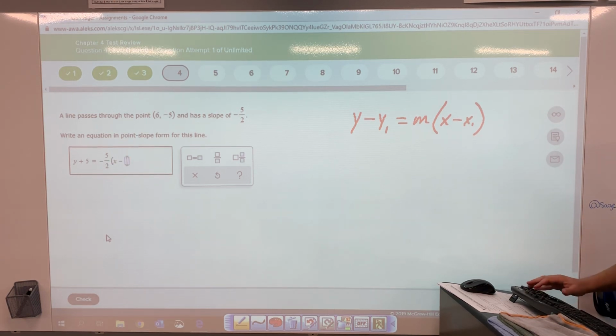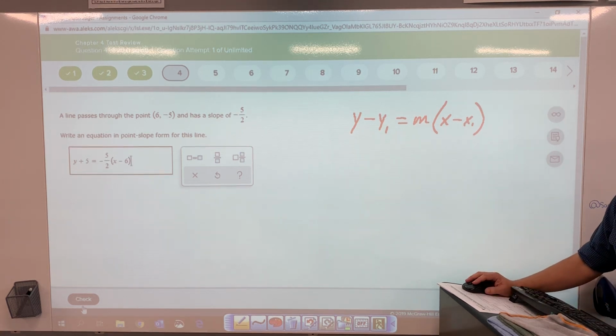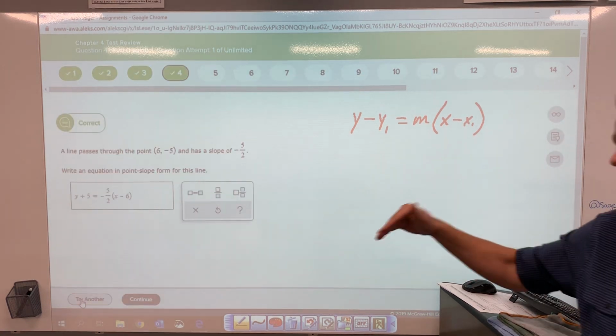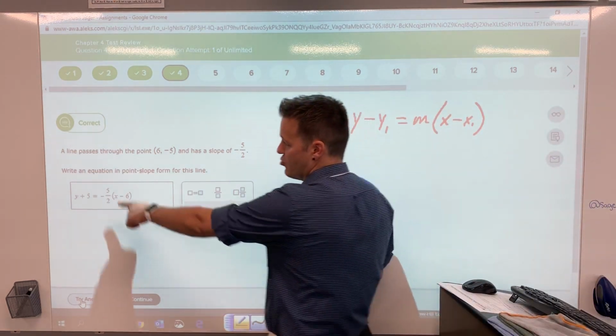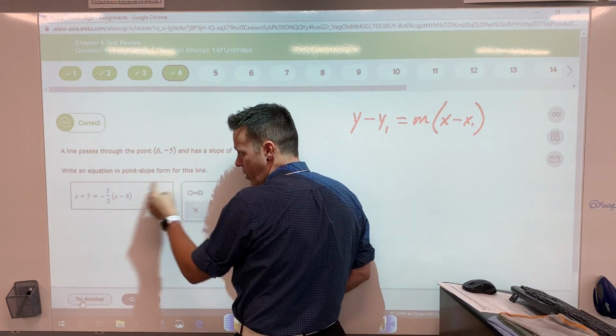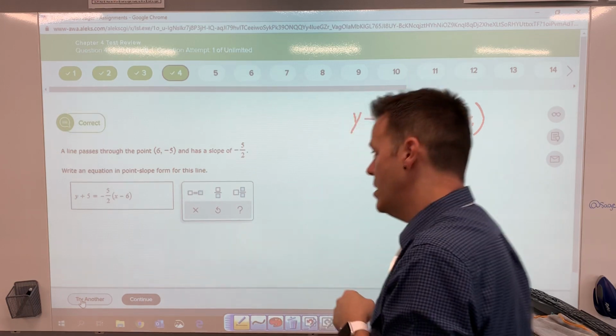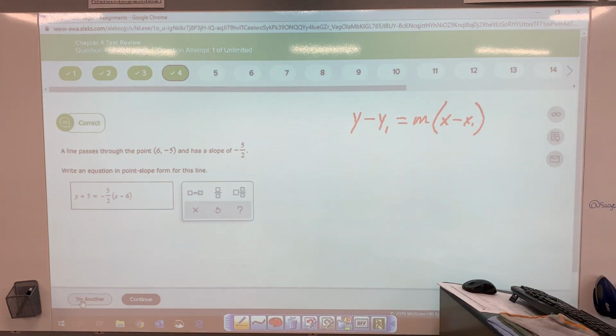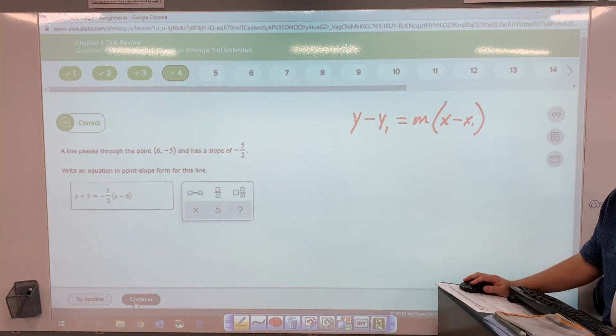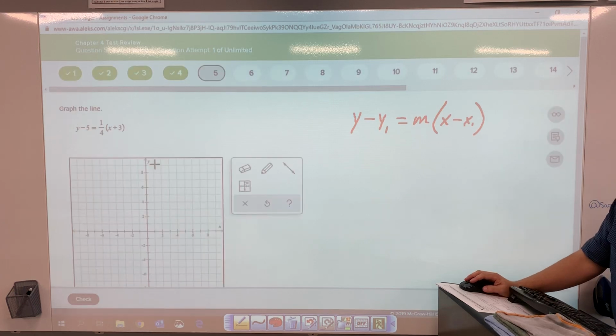X minus 6. Close the bracket, and that's it. You don't have to solve it, okay? It just says write an equation in point-slope form. This is point-slope form. Make sure you guys can fill in the blanks, okay? I had a couple students today struggle with that, and you shouldn't, to be quite honest.